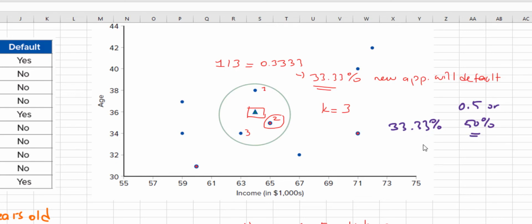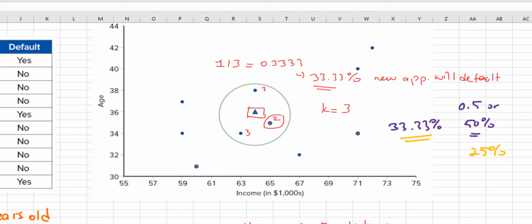Therefore, the mortgage company is going to classify the new loan applicant as being unlikely to default, and this applicant will receive an approval on the loan application. What if the cutoff value is 0.25? If the mortgage company's cutoff value is 25%, then this new applicant will be classified as being likely to default. So the cutoff value is very important in the KNN algorithm.